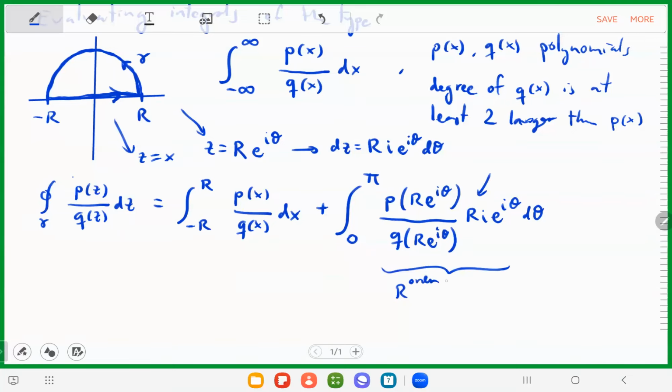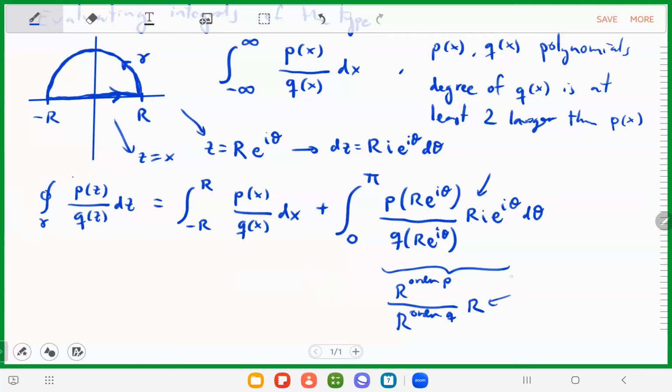Let me write it: order of p divided by r to the power of the order of polynomial q, times r. Okay, that is why we said that the degree of q has to be at least 2 larger than the order of polynomial p, because here we will have this r.